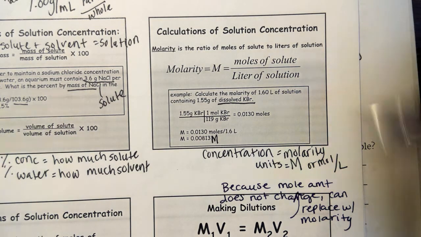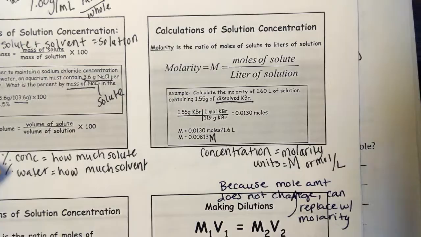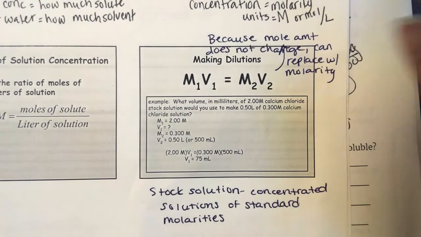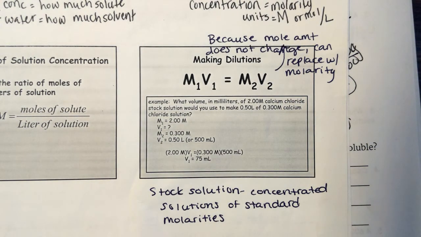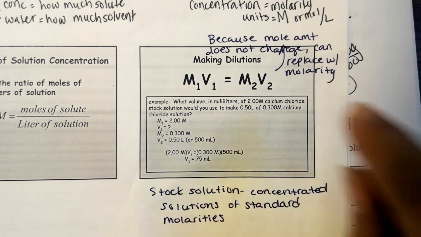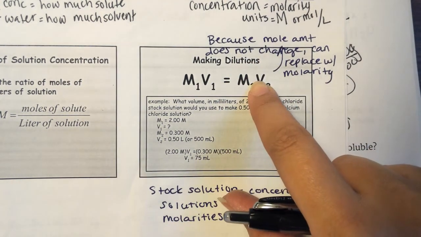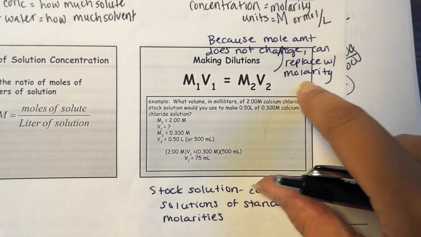Just notice that we're looking at the ratio of moles to liters of the solution here. And then lastly, when we are looking at molarity, we can make dilutions. With this in mind, because the mole amount does not change, we can change this amount right here to molarity.